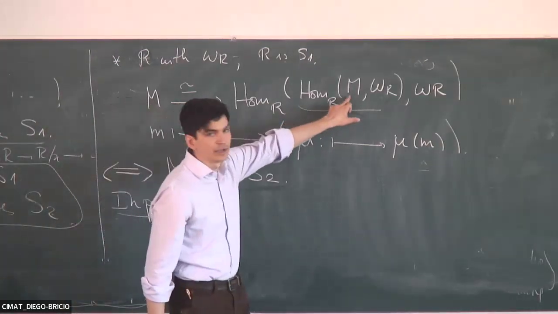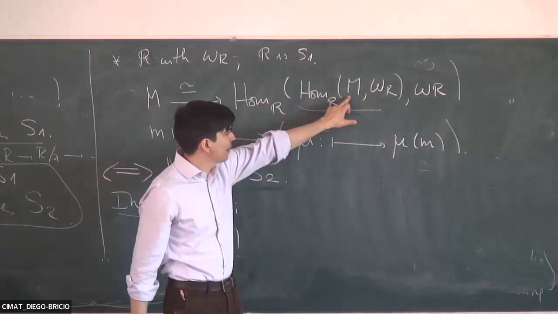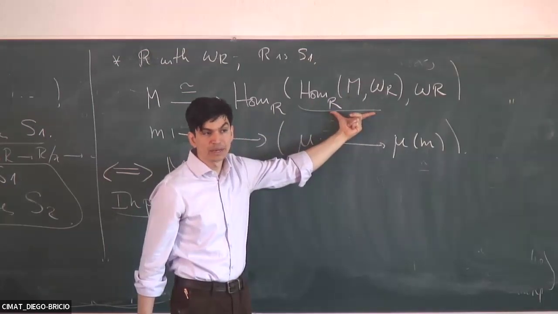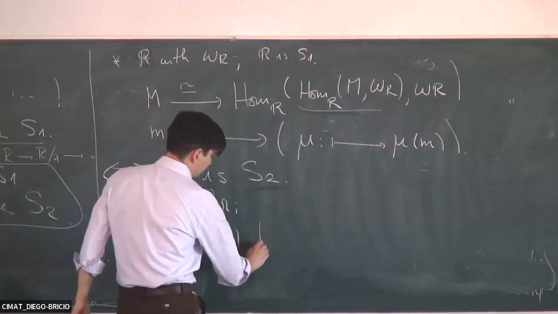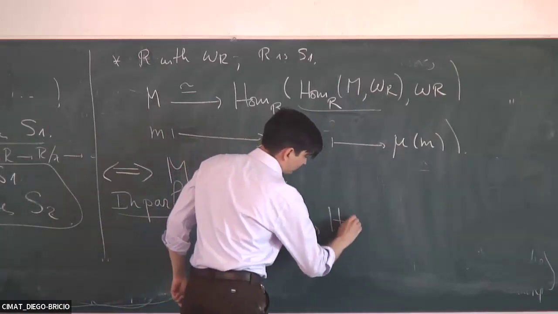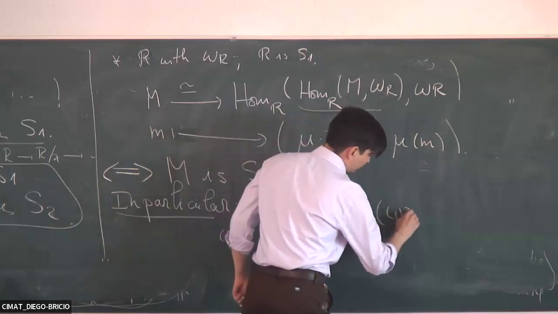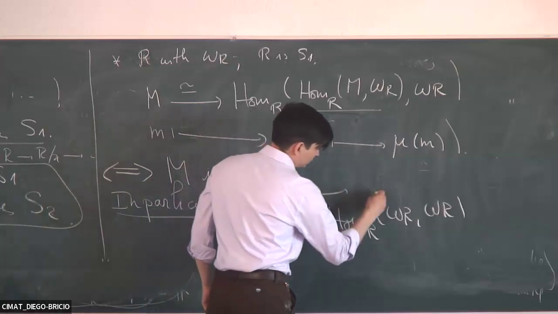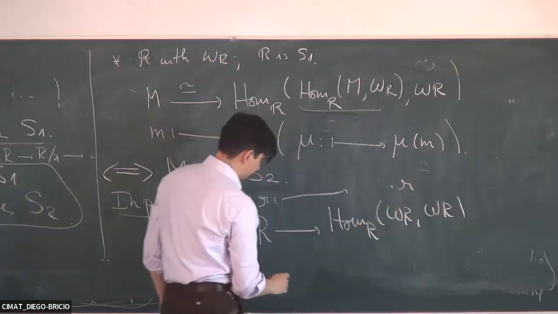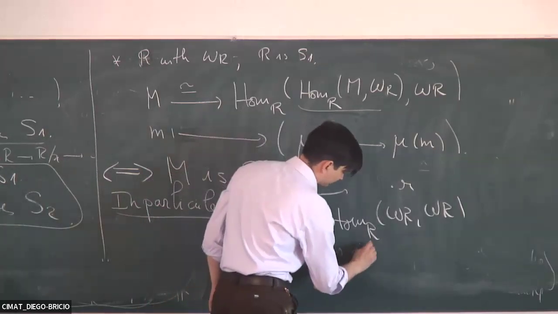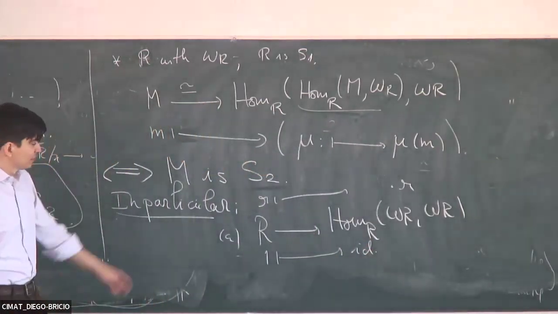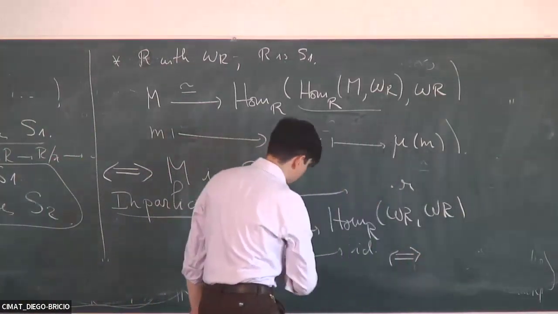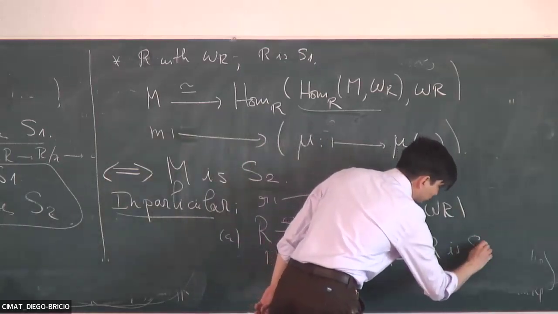So you have this in particular. If we plug in here n equals r, what happens? This module here collapses to simply omega_R, right? And so in particular, the canonical map that goes from here to here, that sends R to Hom(omega_R, omega_R) by multiplication by r, in other words, you send 1 to the identity, is an isomorphism if and only if R is S2.